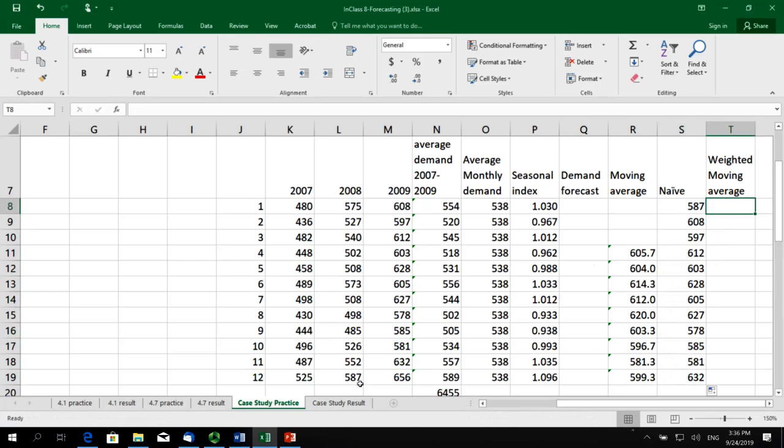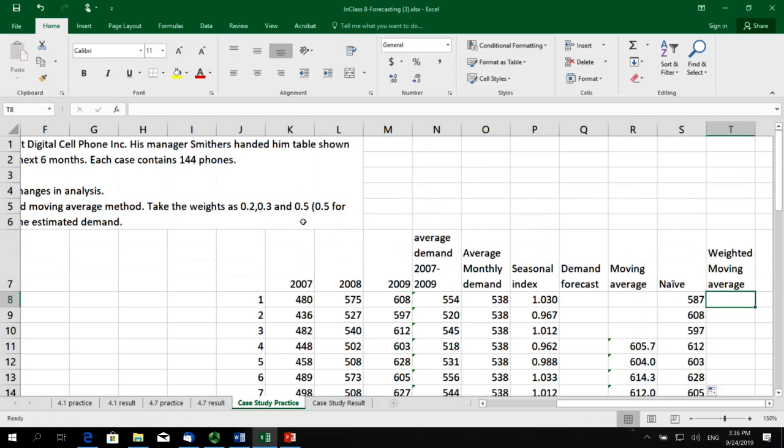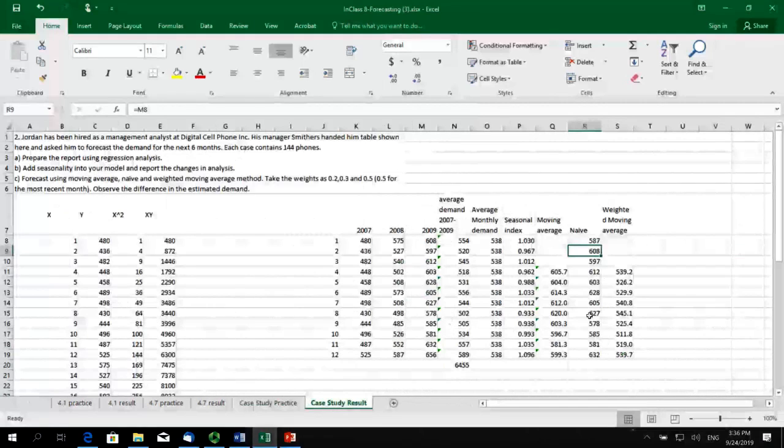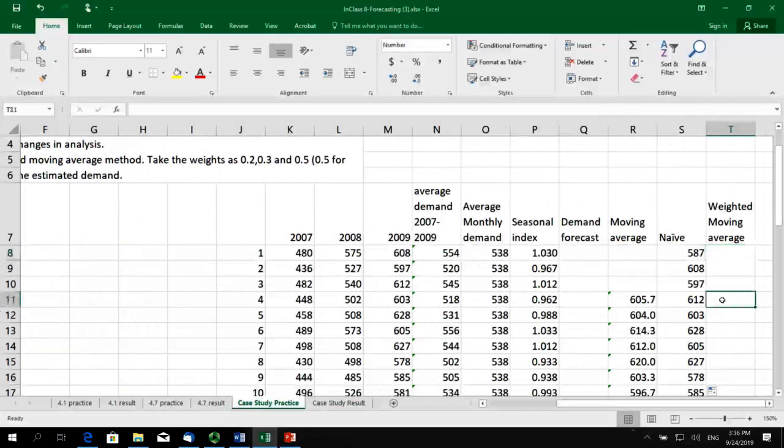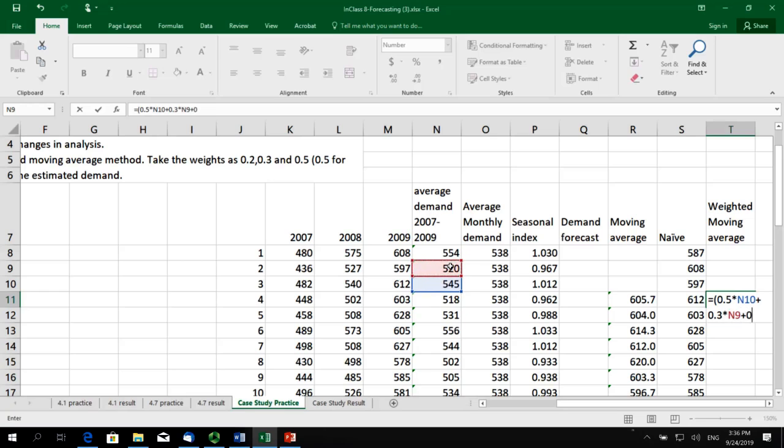The moving average uses 0.2, 0.3, 0.5. Okay, 0.5 times this, plus 0.3 times this, plus 0.2 times this one, divided by 0.5 plus 0.3 plus 0.2, which is 1.